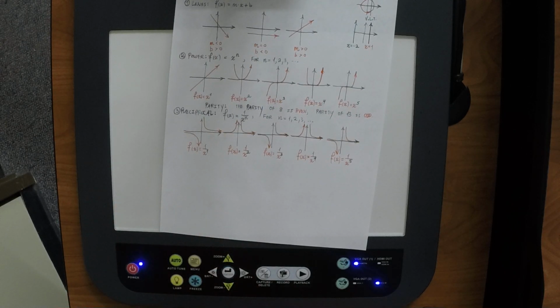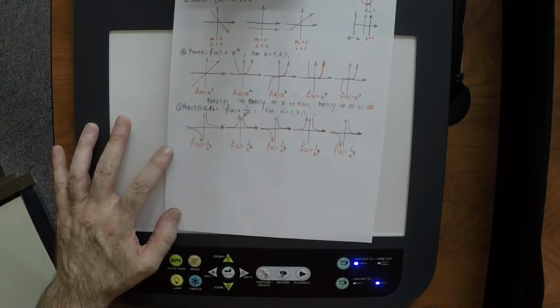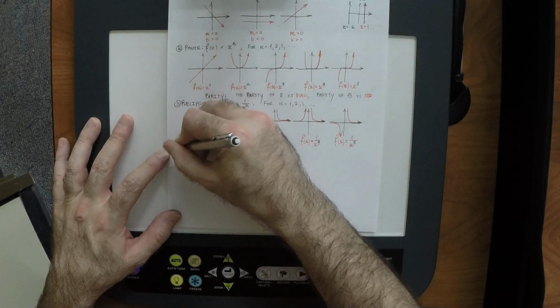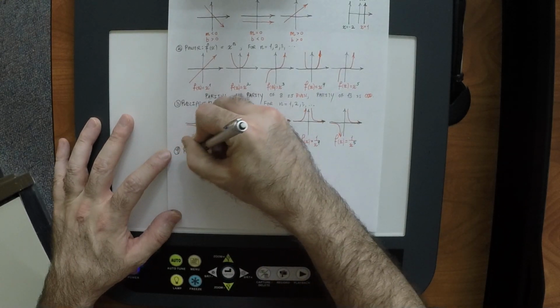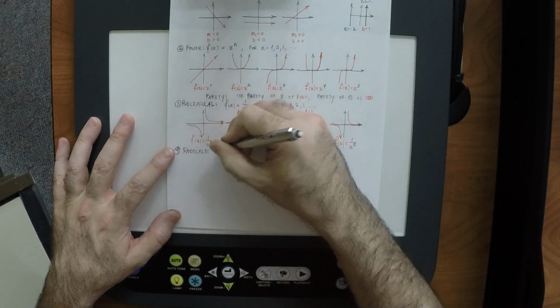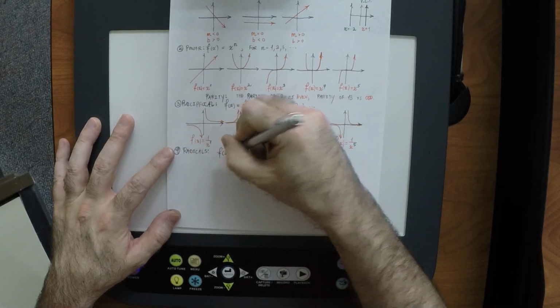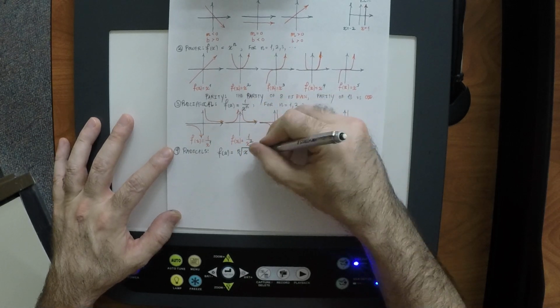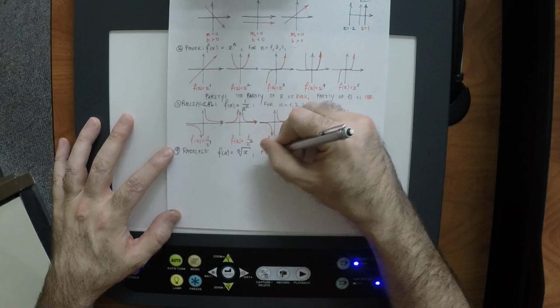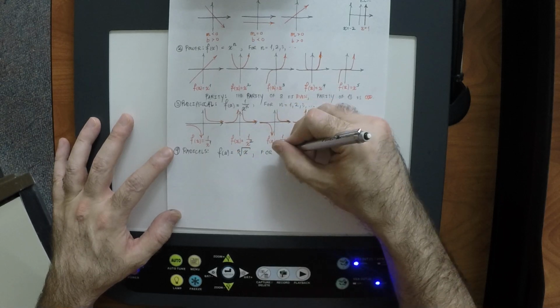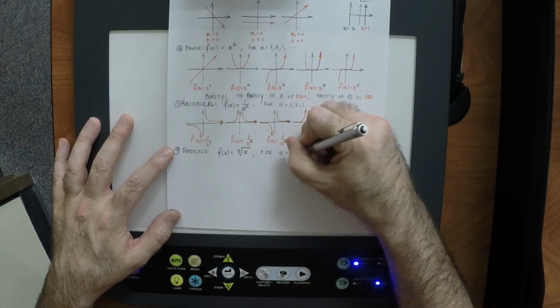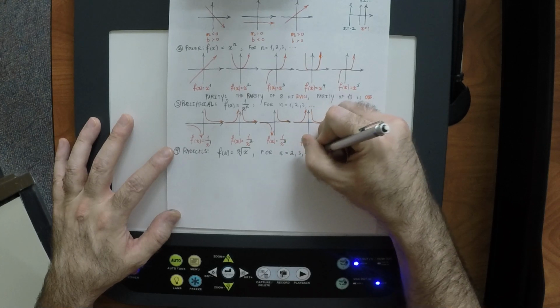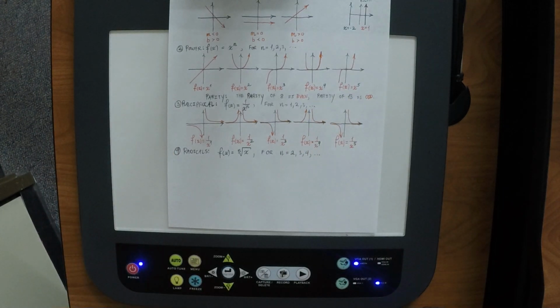Okay, one last family. These are the radicals. Functions with this pattern, f of x is nth root of x. But now instead of n starting at 1, n's going to start at 2, because that's the smallest possible radical number.